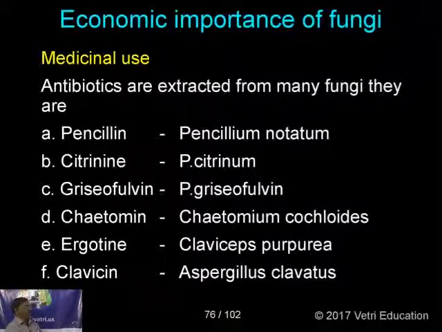Citrinin is obtained from Penicillium citrinum, and griseofulvin from Penicillium griseofulvum, and ketomin from Coccidioides, and ergotine from Claviceps purpurea, and clavin from Aspergillus clavatus. More than that, many antibiotics are obtained from different fungi.